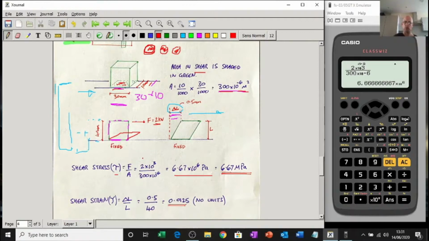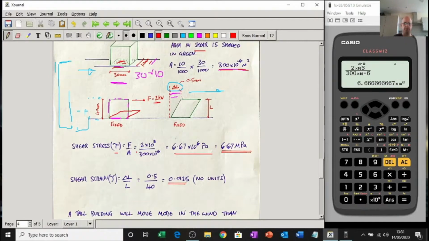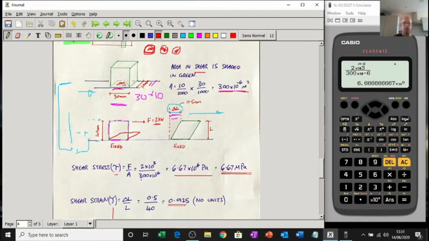So that one is slightly different. You just need to make sure you get the right areas involved. The shear strain, there's a symbol for shear strain, is still change in length over length. But in this case, the change in length is this distance in here, which is 0.5 of a mil, and the original length is how high the object is.